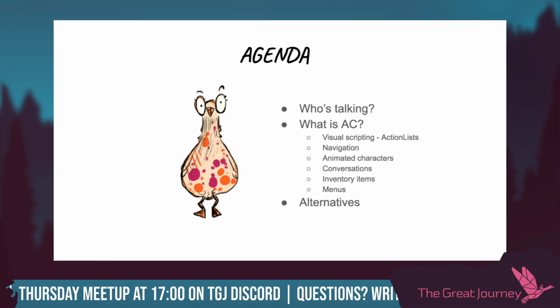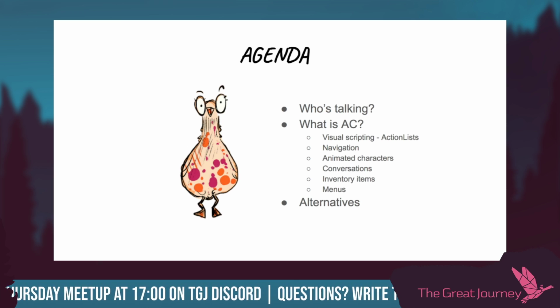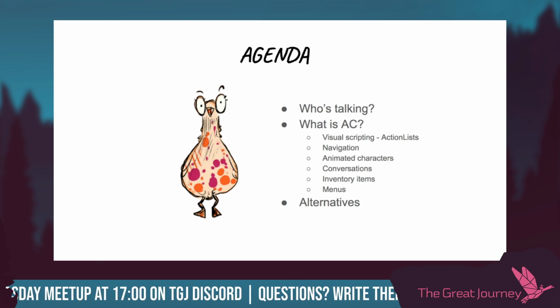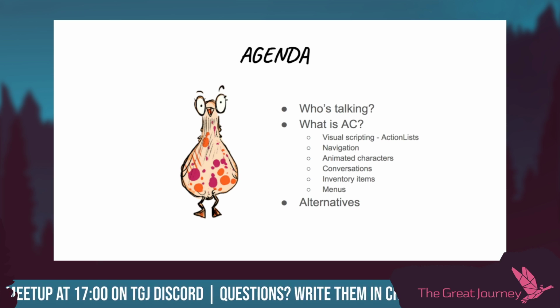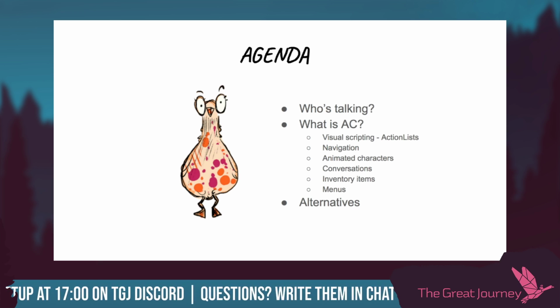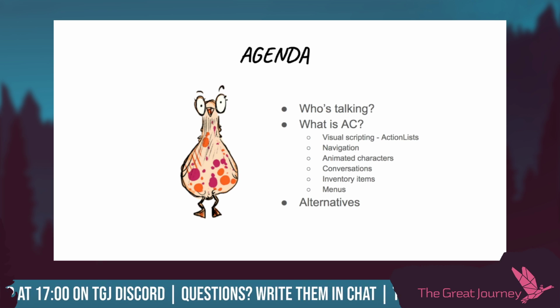And then I'm going to go over shortly a little bit about the alternatives that are out there if you don't want to use Unity. So it's definitely going to help you to follow the talk if you have some experience with Unity.